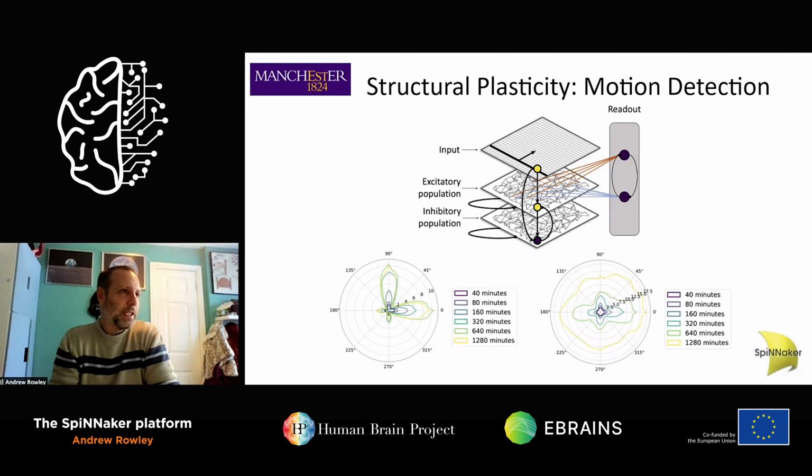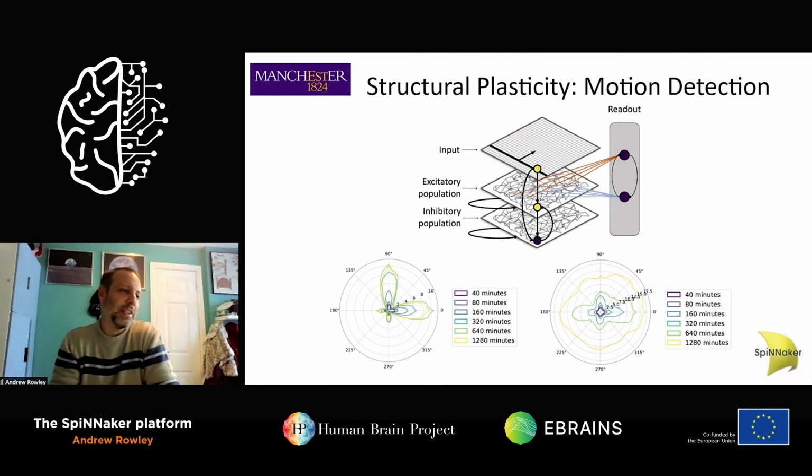Again, with the structural plasticity, we've been able to do some motion detection. So basically, where you've got lines moving across the screen and you want to tell which direction they're moving in, you can use the network similar to this. At the bottom here, you can see how the network performs. The diagram on the left is with delays, and the diagram on the right is without delays.